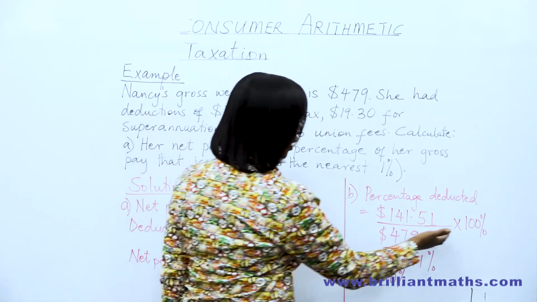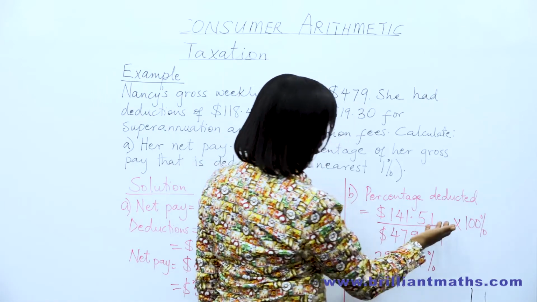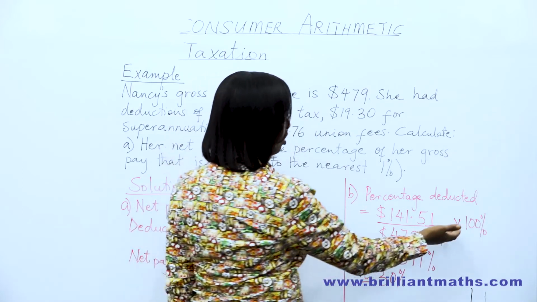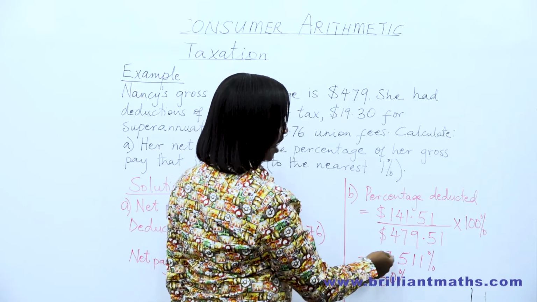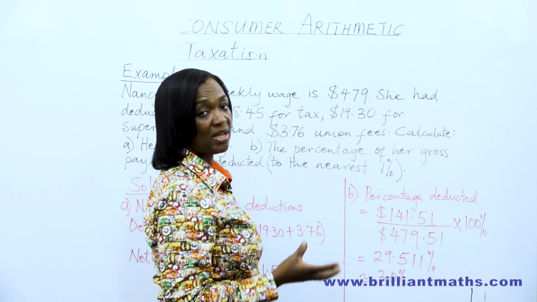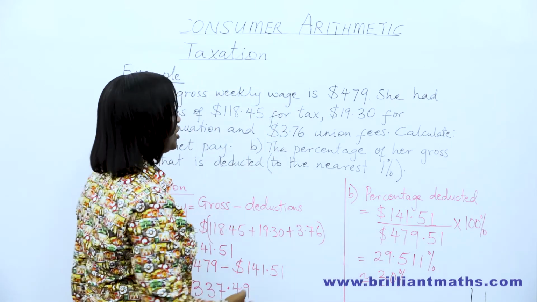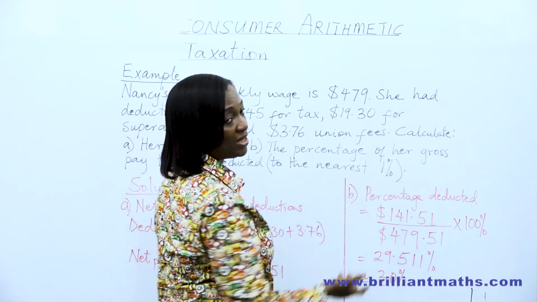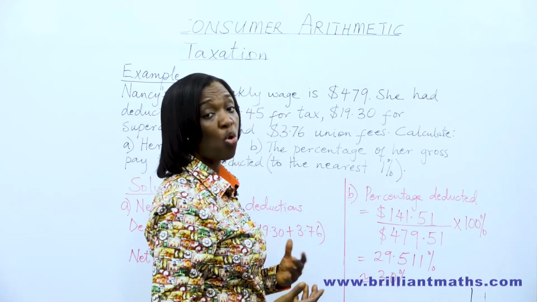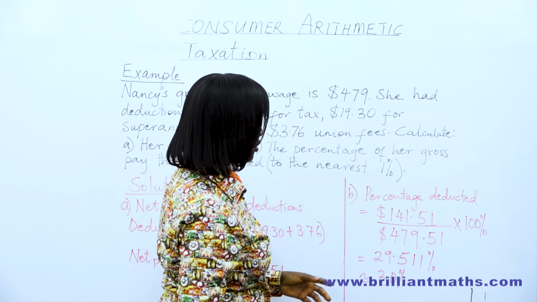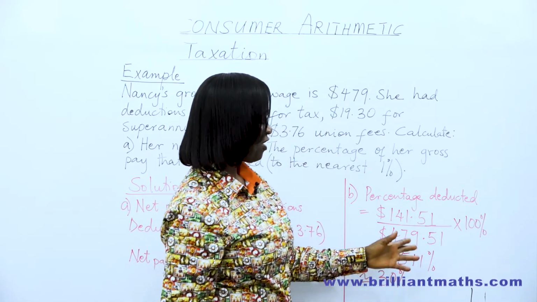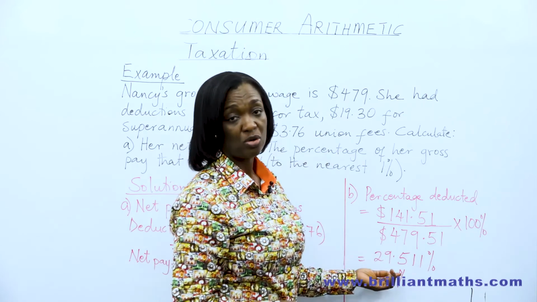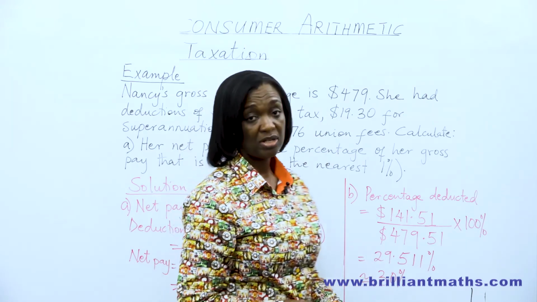So when you do that, input that into your calculator and multiply by 100%, you'll get 29.511%. We have been asked to find that to the nearest 1%. So that means to the nearest whole number. So 29.51 rounded to the nearest whole number gives us 30%.